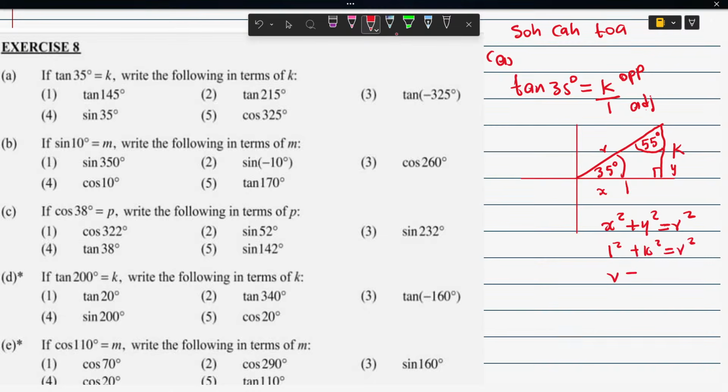So which means R will be equal to the square root of 1 plus K squared. So the hypotenuse will be the square root of 1 plus K squared. I believe that one is making sense, dear learners. You are able to understand what is taking place.